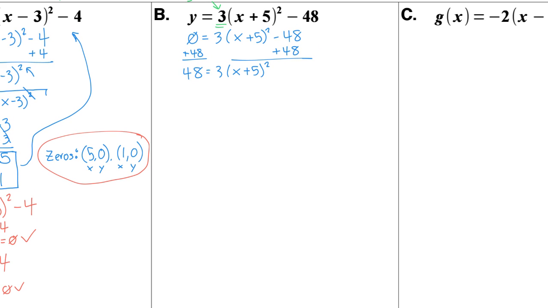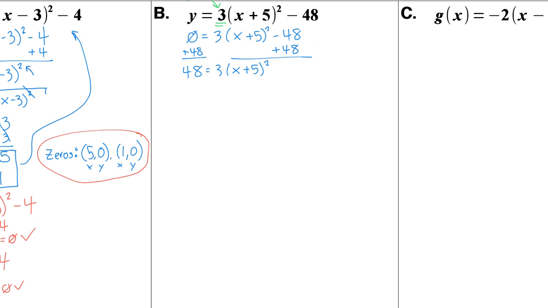But now we do. We have this 3 that we have to divide out. So I'm going to divide both sides by 3. Just like that. Those 3s will go away, and we have x plus 5 squared over here. And if we do 48 divided by 3, that is 16.